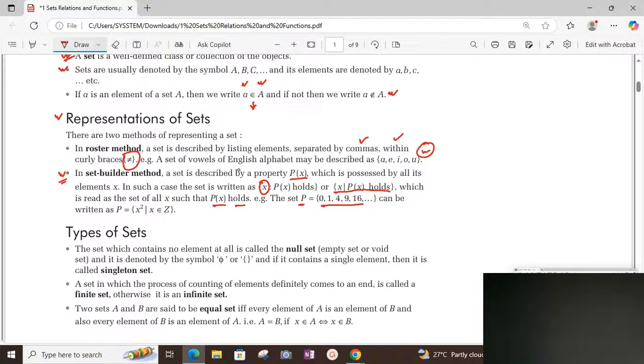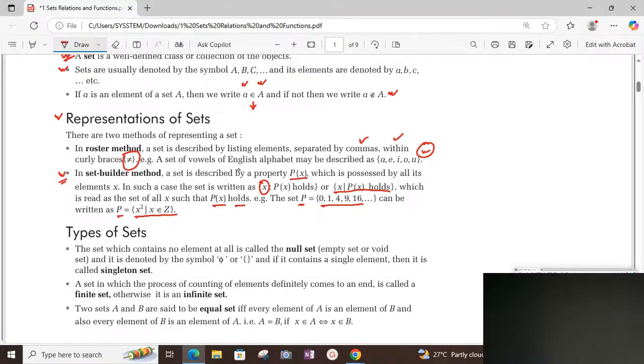The set P = {0, 1, 4, 9, 16, ...} can be written as {x² : x belongs to the whole numbers}. So there should be no problem understanding the representation of sets.